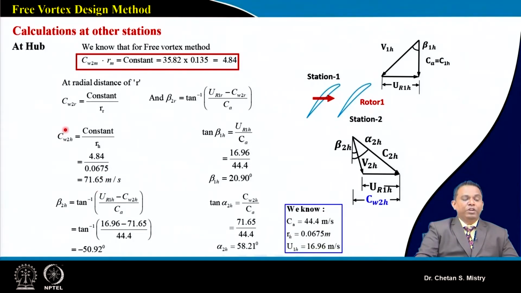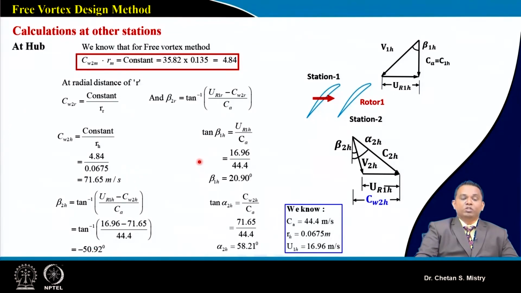Now since we know our CW2, we can calculate our flow angles. So we will be calculating our exit blade angle, beta 2, which based on our velocity triangle is given by tan beta 2 equal to U minus CW2 divided by CA, and that is coming minus 50.92.